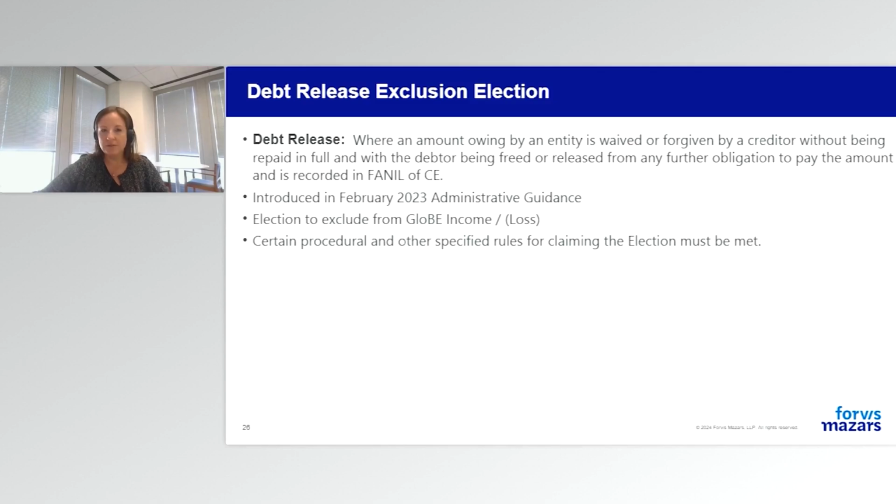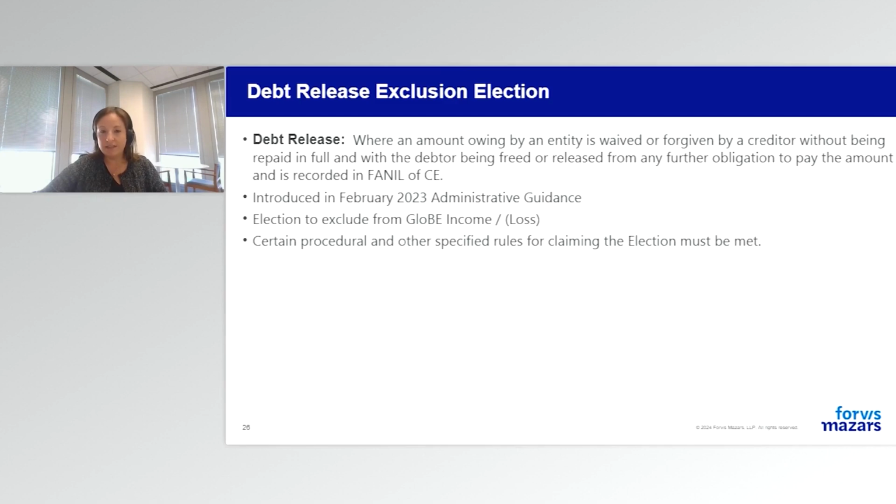So the term debt release refers to amounts included in income of a debtor following a situation in which the amount owed is waived or forgiven without being repaid in full. And so often jurisdictions don't tax that amount.